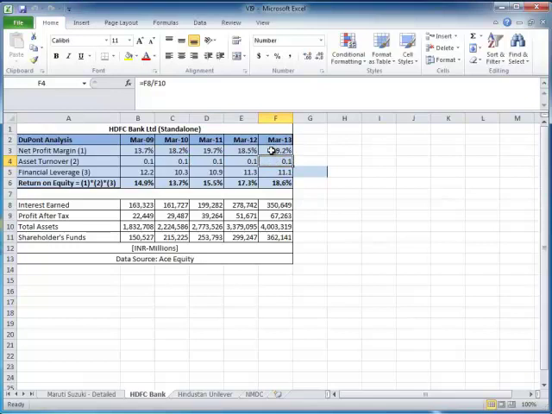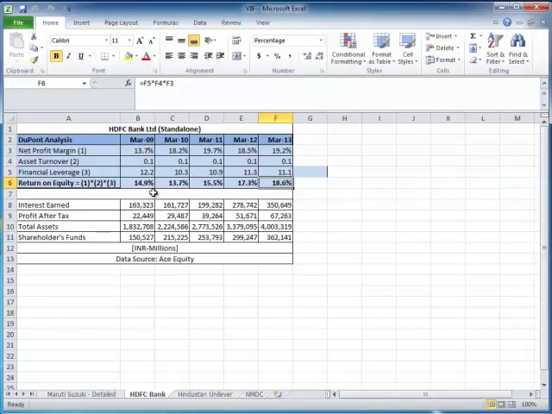The net profit margin is fairly decent; 19% is quite a good number. Financial leverage is very high, asset turnover quite low, but the product of those two means the ROE is good. So 18.6 is definitely a good ROE, and we can see that the ROE has been increasing over the last 5 years, and this has primarily been driven by increases in net profit margin rather than increases in leverage.